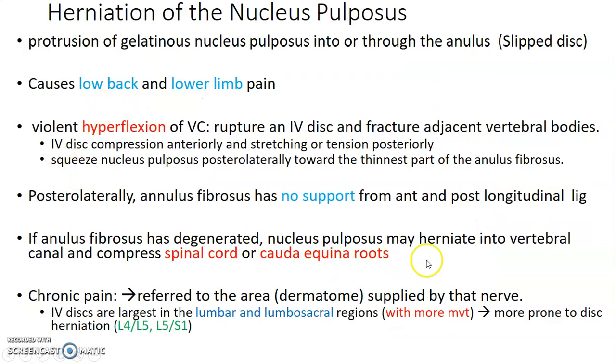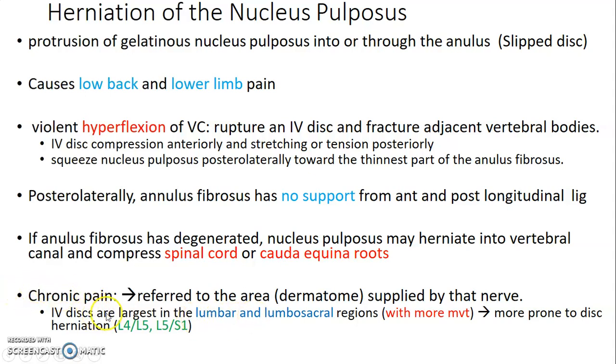And that's what this statement says. Posterolaterally, the annulus fibrosus has no support from the longitudinal ligament. So if the annulus fibrosus degenerates, the nucleus pulposus herniates into the vertebral canal posterolaterally, and that compresses the spinal cord and cauda equina roots. That's why you're having low back pain and lower limb pain, because these cauda equina roots are going to innervate the lower limb.